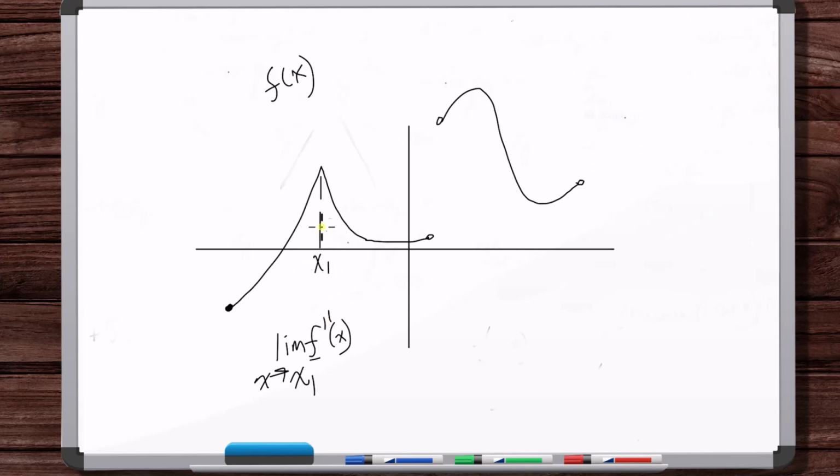Or you could do the same thing with the second derivative. If you were graphing this and want to do a really good graph, you might take the limit of f prime as x approaches x1 from the left, and you want to draw an accurate slope. In other words, you could do a really good curve sketch that way. But besides that, if you're just analyzing a function, you can take limits with the first or second derivative.